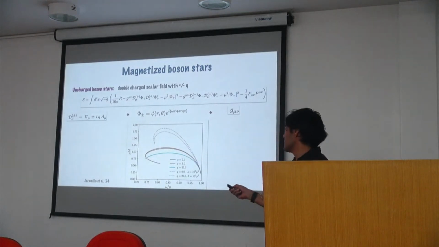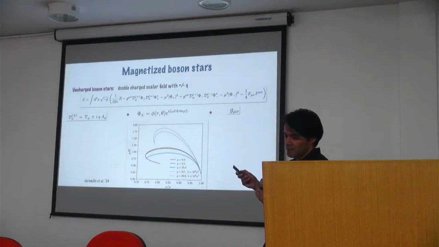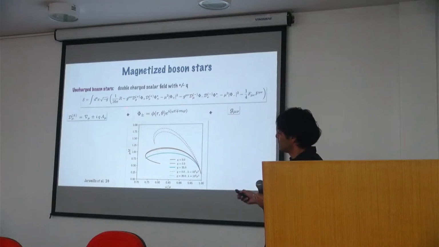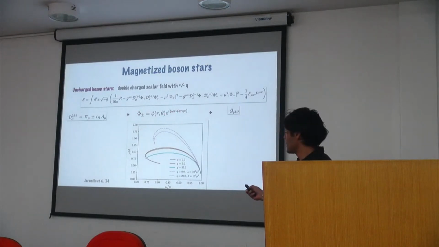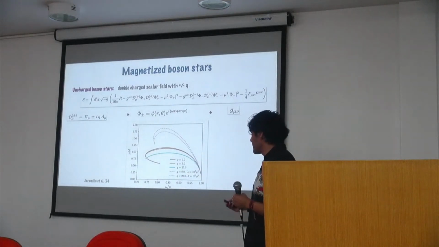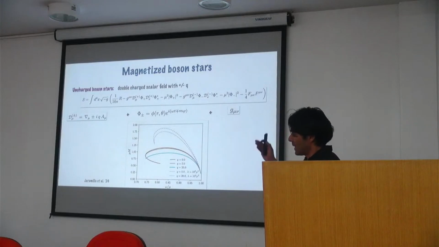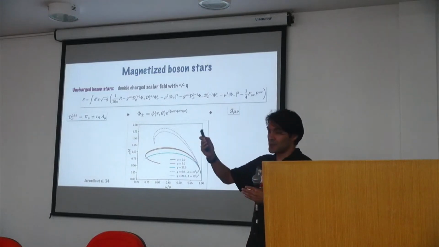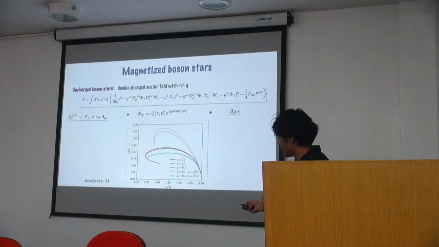And essentially the only change that we have compared with the previous one is that we add another scalar field. And we repeat exactly the same recipe that we have done in the previous one. So you have the scalar field, you assume an ansatz. For example, for the scalar field that we call phi, it has omega t minus m phi, and for the other one it is with positive m phi. You once again build the initial data, and what we discover is, in the past, I told you that when we increase the charge, the mass increases, but in here, this is once again the mass versus omega, the frequency of the scalar field, it reduces.